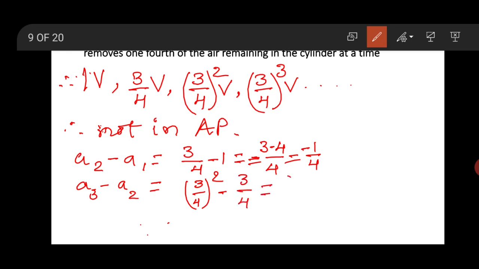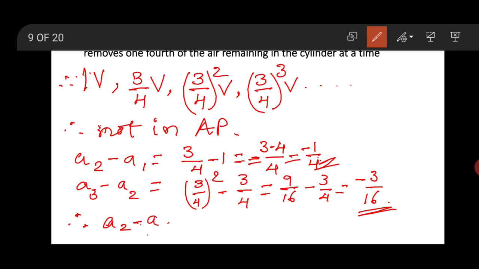If you simplify, we get 9/16 minus 3/4, which is 9 minus 12 over 16, that is minus 3/16. So are A2 minus A1 and A3 minus A2 the same? No. So it is not in AP, because A2 minus A1 is not equal to A3 minus A2, right? Yes.